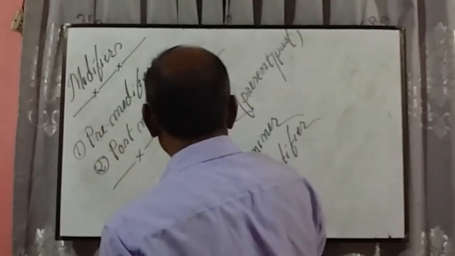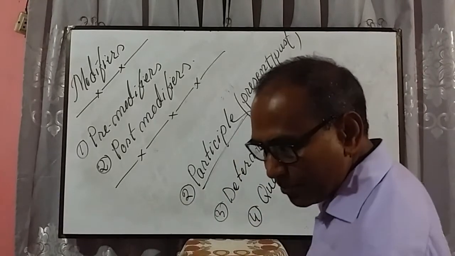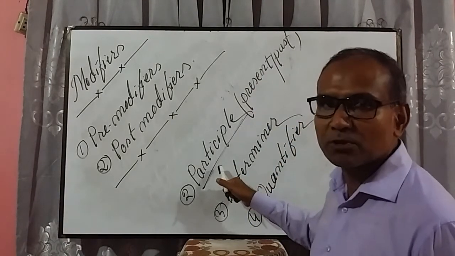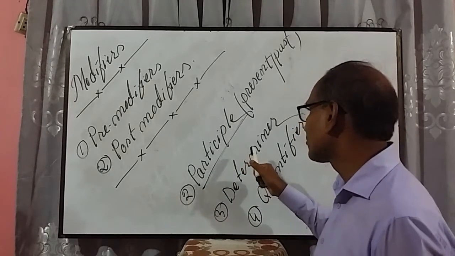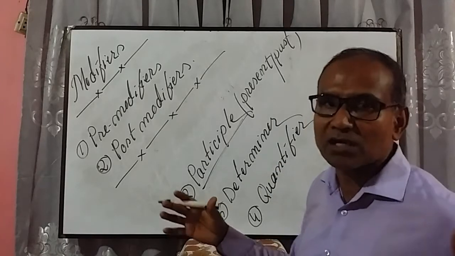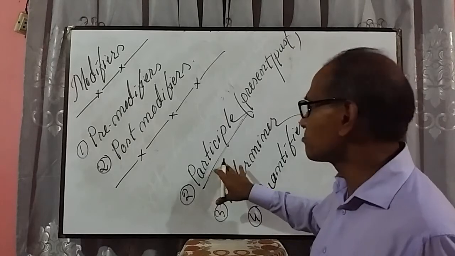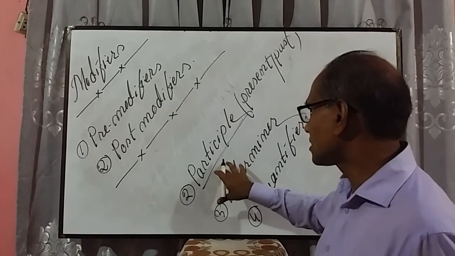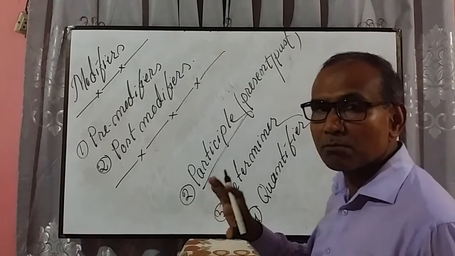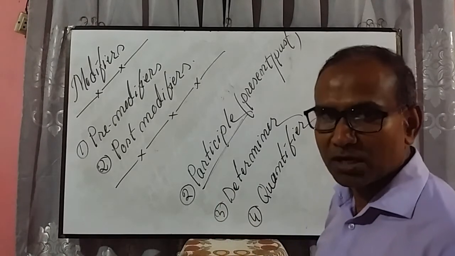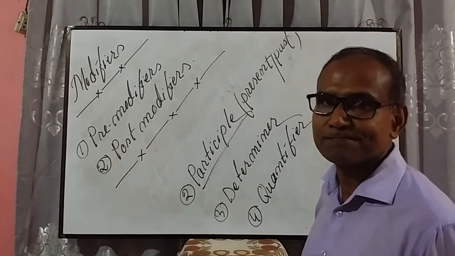Then participle. I have discussed participles in my regular class in the college, and I have taken an extensive class on this particular grammatical item. A participle is another form of verb which can be used as both verb and adjective, but usually participles are treated as adjectives.